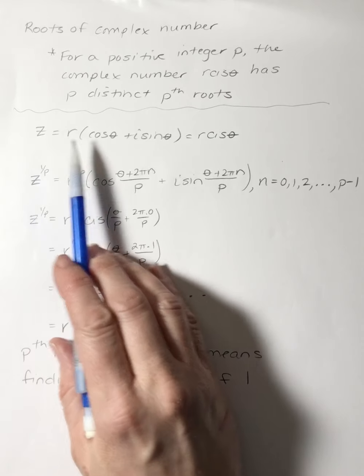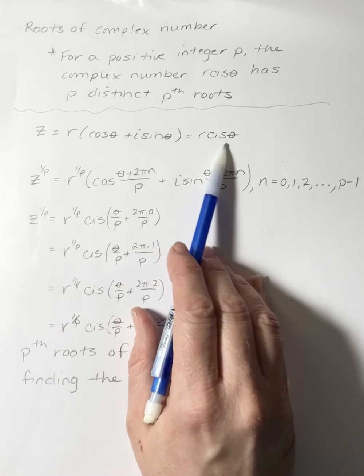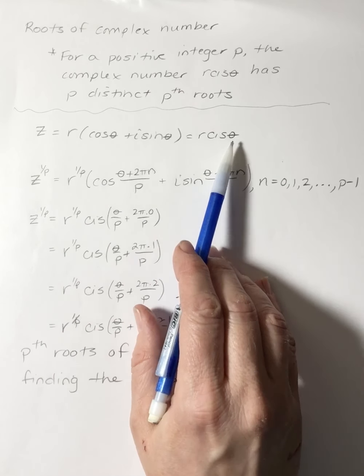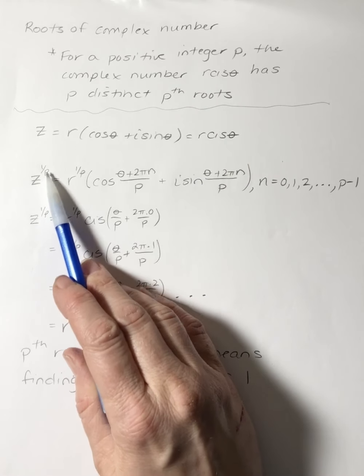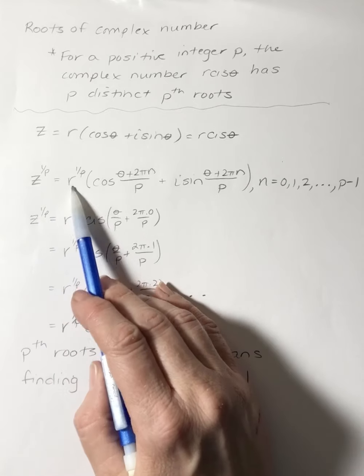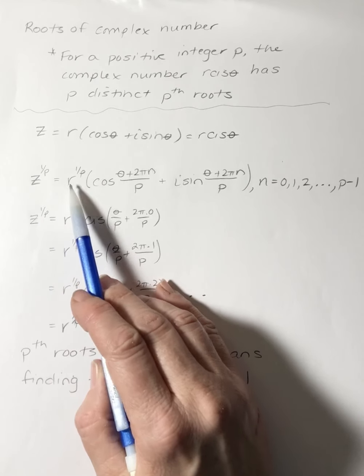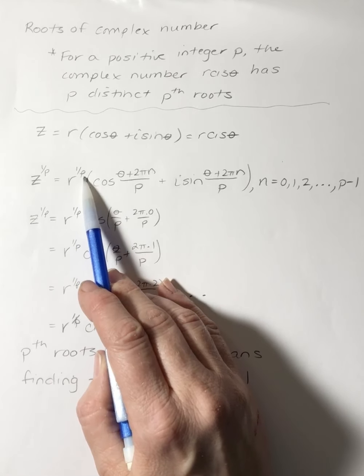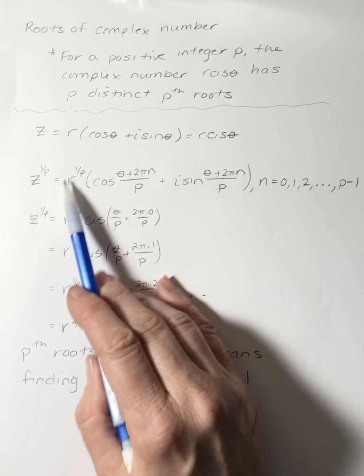Here's my complex number, r cis theta, okay? To find a positive root of a number, this starts off the same. So I take my modulus to the 1 over p, whatever that power is.